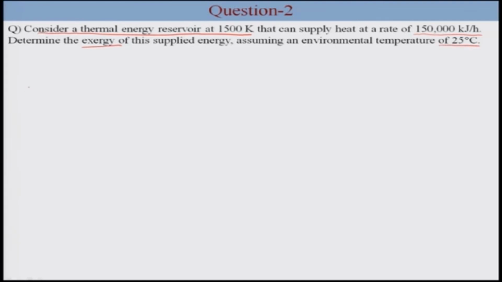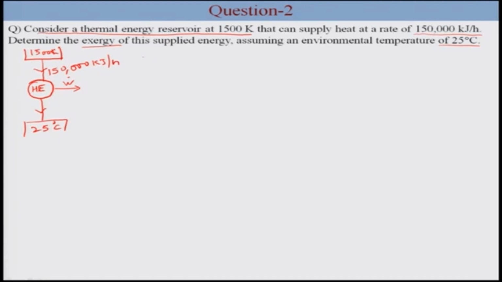So for this, if we take it as a heat engine, it takes energy from a reservoir which is at 1500 Kelvin, and it is supplying heat at a rate of 150,000 kilojoule per hour, and the environmental temperature is 25 degrees Celsius and some work is being produced. So we have to calculate the exergy of this supplied energy.